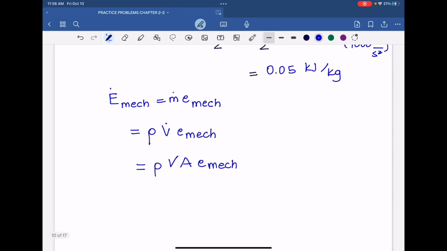So now we can use that equation because we know that density is given, velocity is given. Instead of area, I can write pi d squared over 4 and times, of course, the mechanical energy per unit mass.